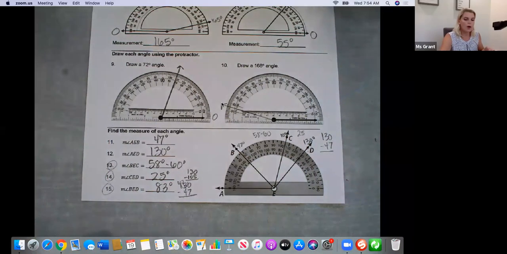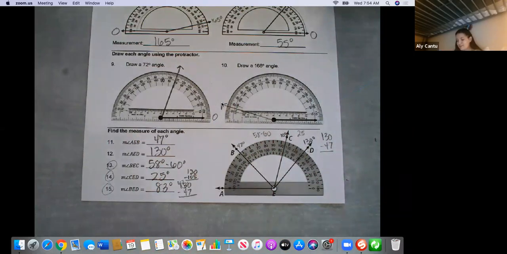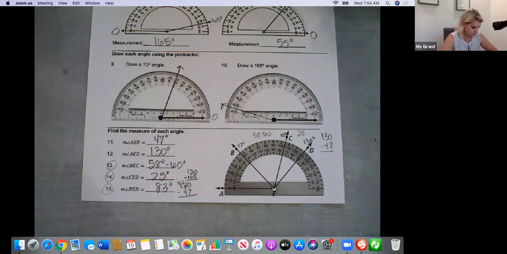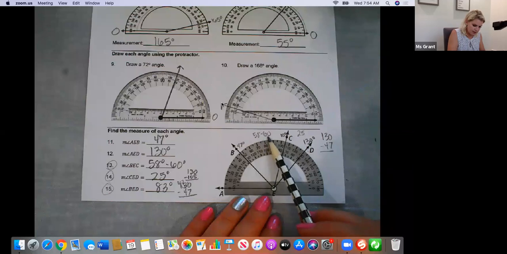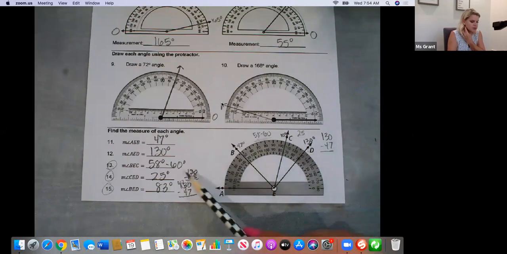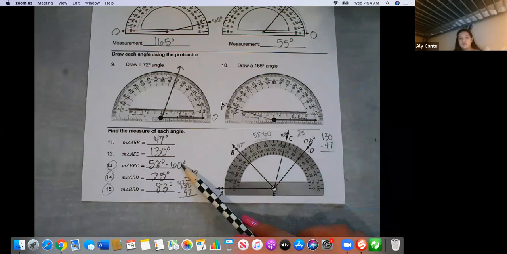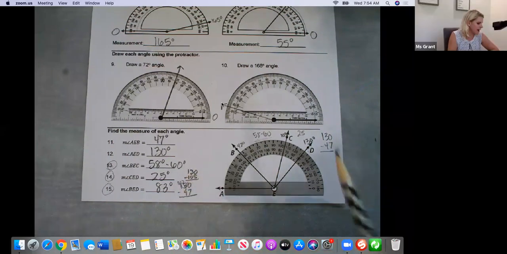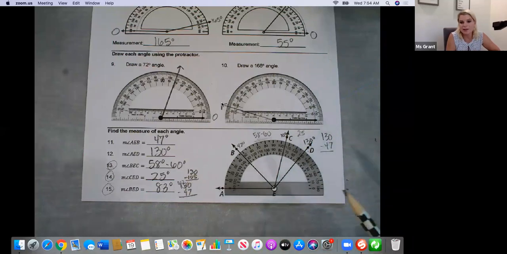What I did for that one was I basically looked at BEC and CED and then added those two together to get the whole BED. And I ended up getting 85. Remember how we said that this range was between 58 and 60, depending on her choice. So you're right. It's fine. 83, 84, 85. It can't be exact because there's not little tick marks. So you're fine.